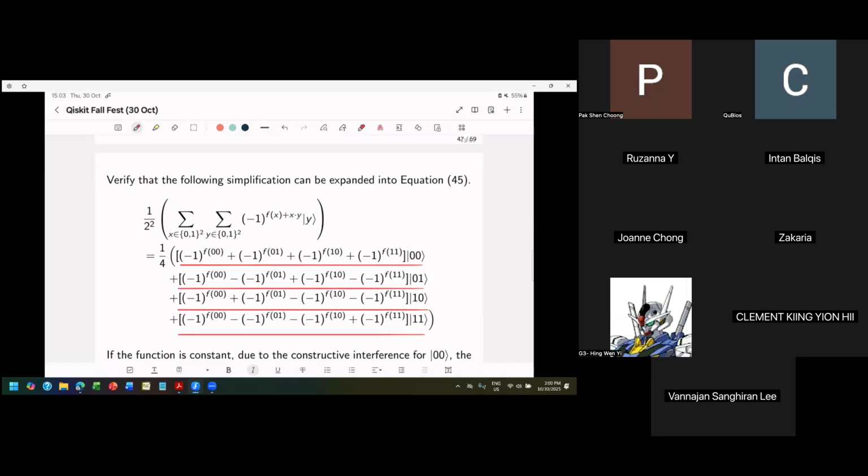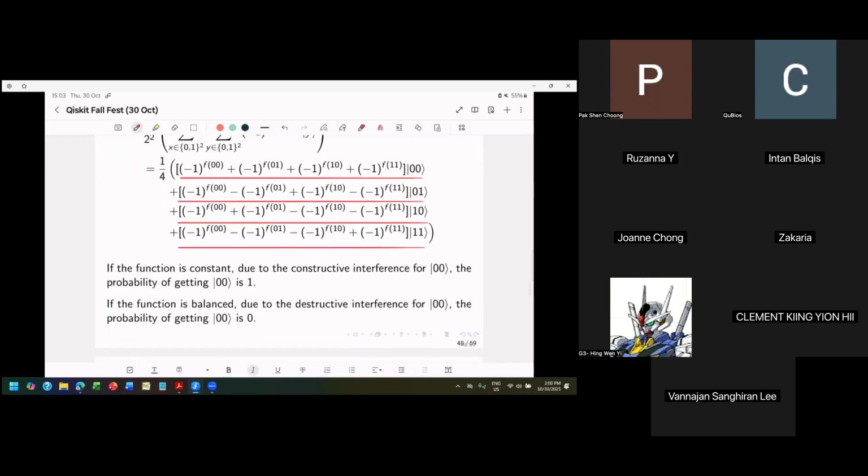Okay. So if the function is constant, because of what we call constructive interference, then you will only get the 0, 0 state. If you perform the measurement and you find that you don't get the 0, 0 state at all, then it is a balanced function. This whole phenomenon is not just for 2 qubits.